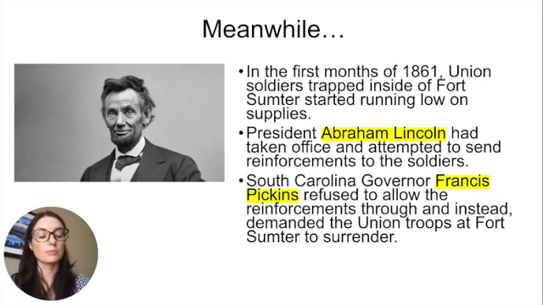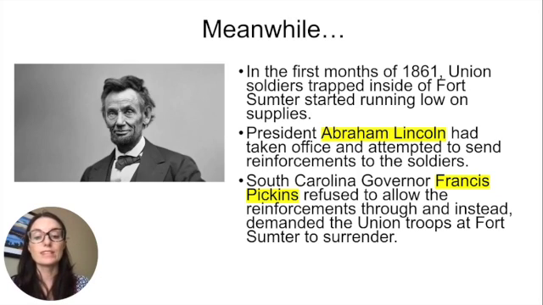So under important people now, we're going to write Abraham Lincoln and make a note that he became president in 1861. So once he became president, he also did the same thing that President Buchanan tried to do. He tried to send reinforcements to the soldiers that were in Fort Sumter.